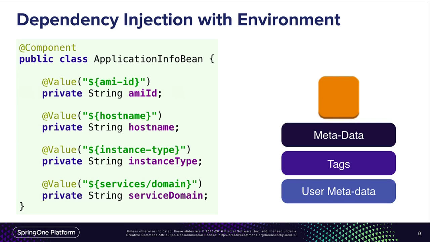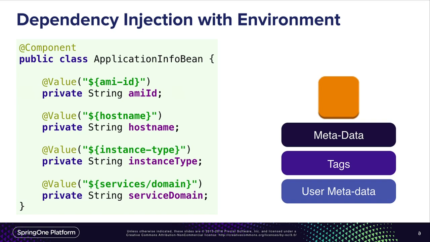There is metadata of the instance, which is automatically generated. There is metadata on tags. There's user metadata, so different types of metadata I can use. And those can be injected. So this is a type of dependency injection. It's all known from the environment abstraction. So I can inject metadata into my application, use it, and react based on that.